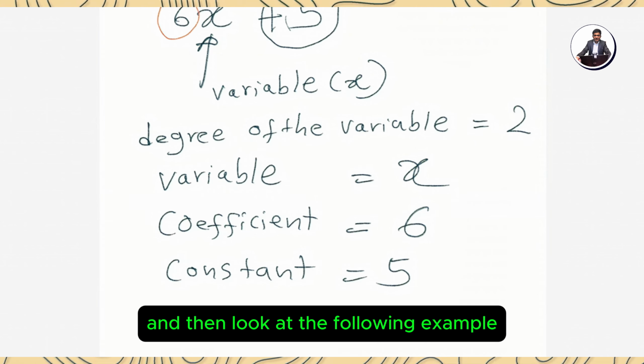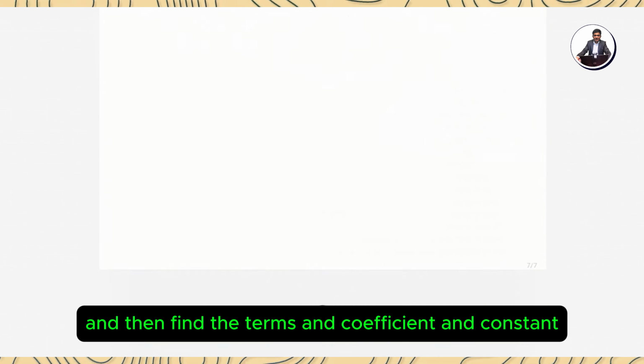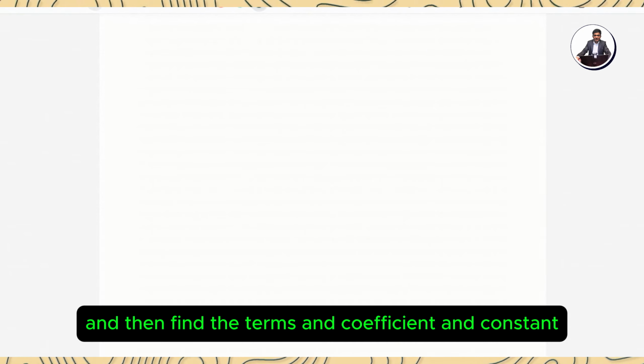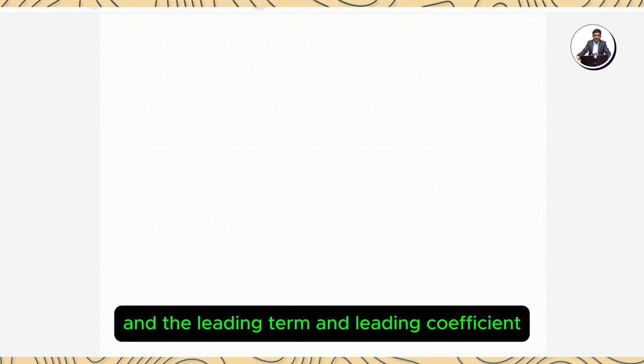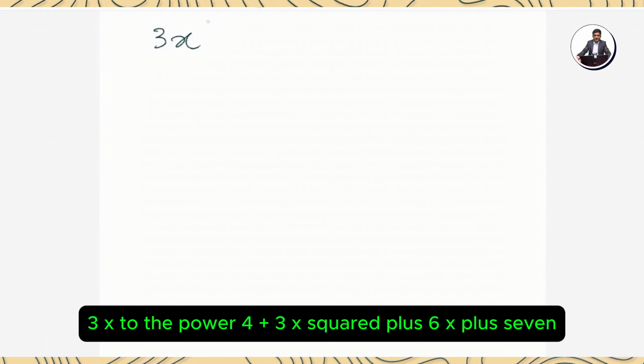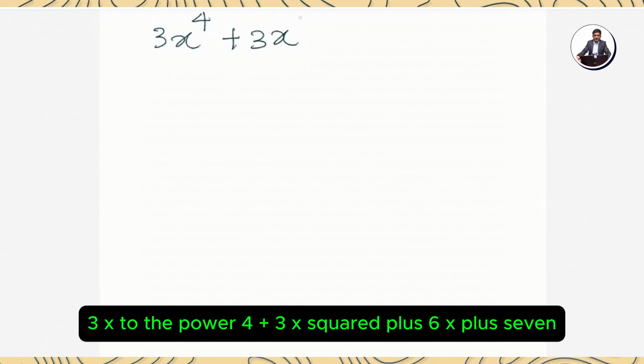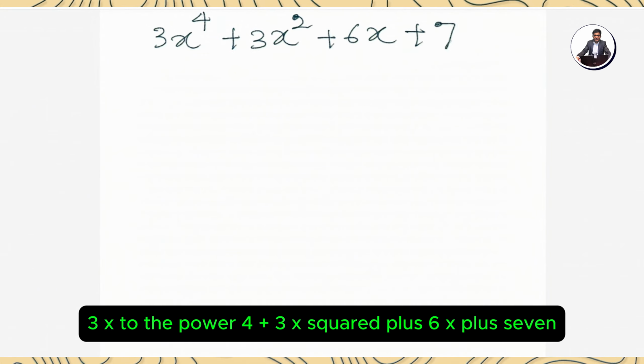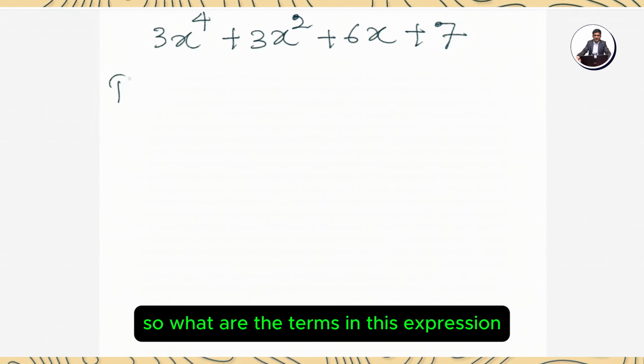Then look at the following example and find the terms, coefficients, constant, the degree, the leading term and leading coefficient. 3x to the power 4 plus 3x squared plus 6x plus 7. So what are the terms in this expression?